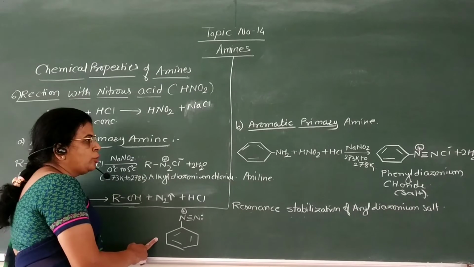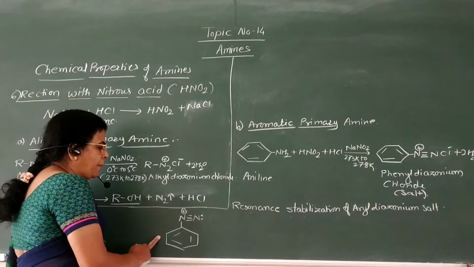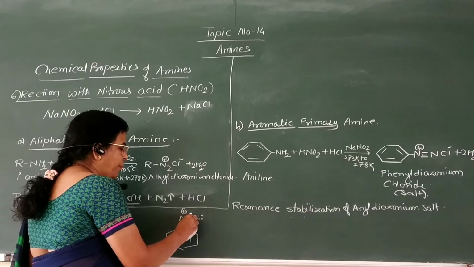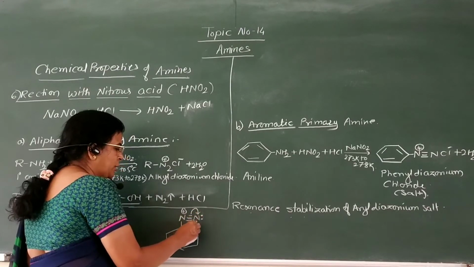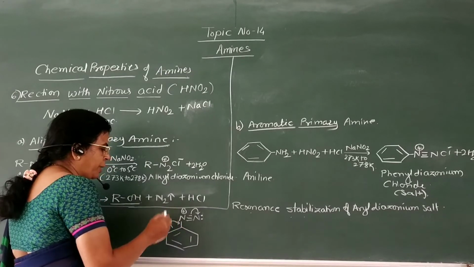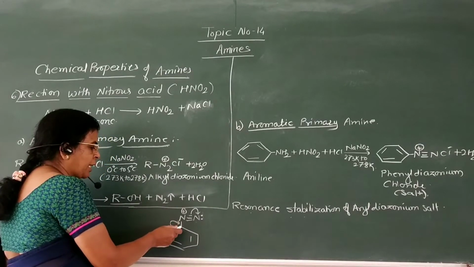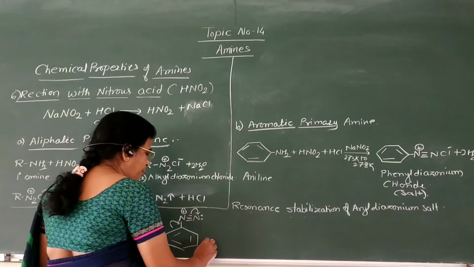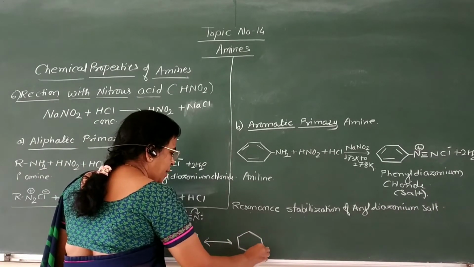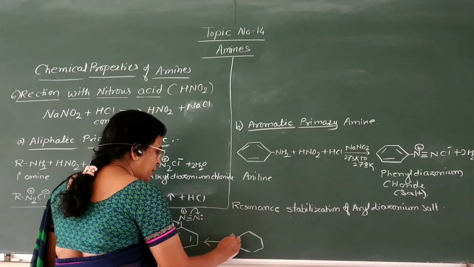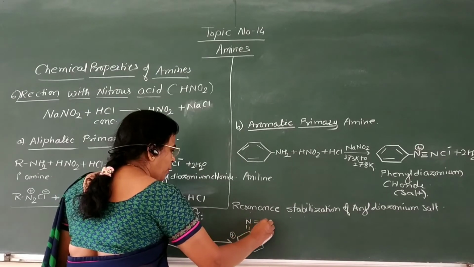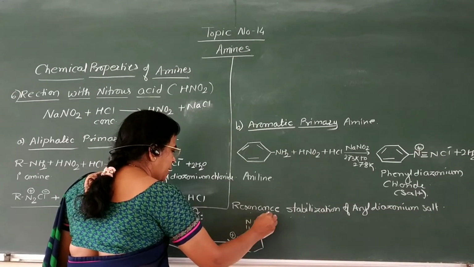This electron pair is shifted on this nitrogen atom and these pi electrons of benzene ring are shifted in between this carbon and nitrogen atom to form next resonating structure. Here there is positive charge, here nitrogen, here double bond, and now it becomes negatively charged.